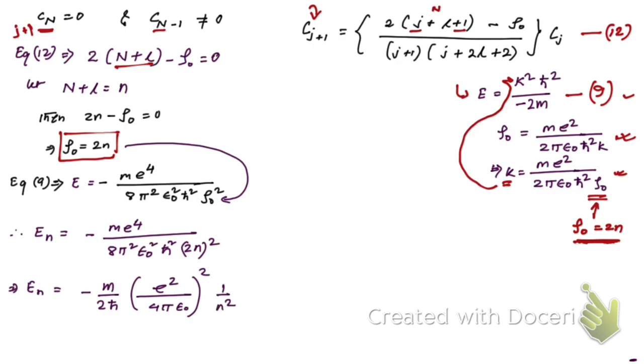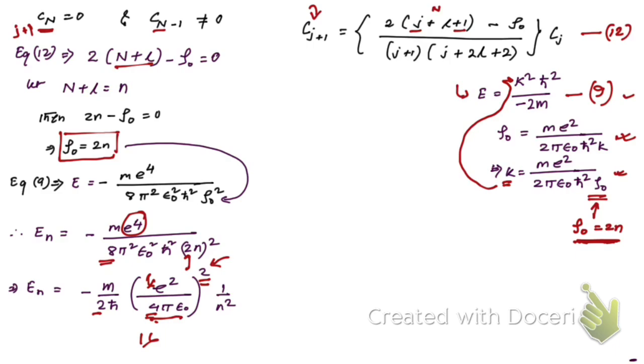Here we have whole square, 4 square is 16, to the 32. Here 2 square is 4, and 4 times 4 is 16, 32 again. I have written e to the power 2, then given whole square, and here I have written 4 pi epsilon naught.